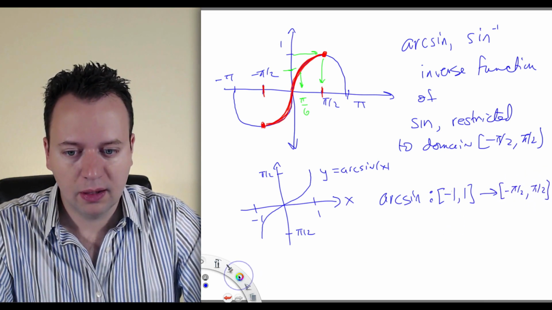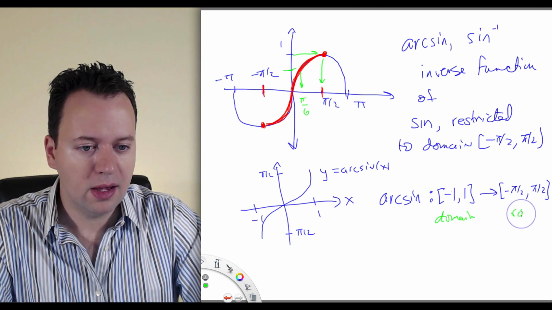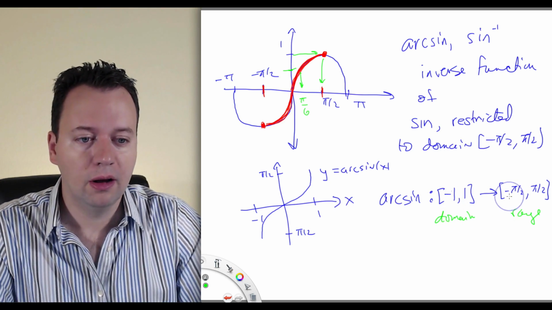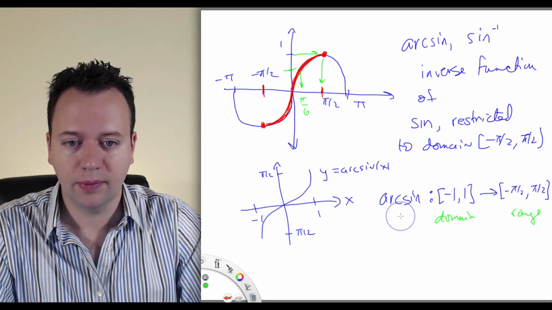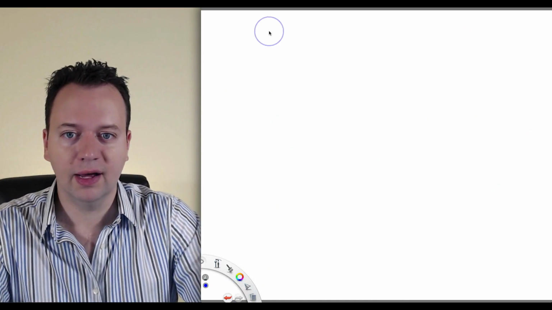So this would be the domain, and this is the range. The inputs come from minus 1 to 1, and the outputs are between minus pi over 2 and plus pi over 2.